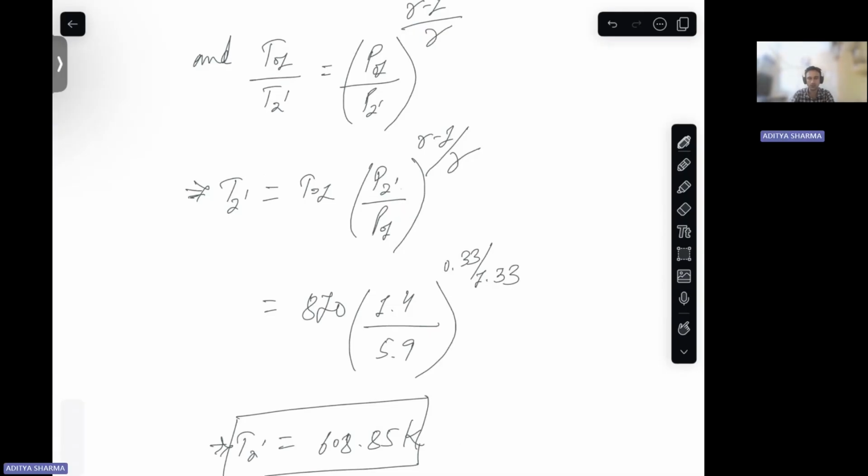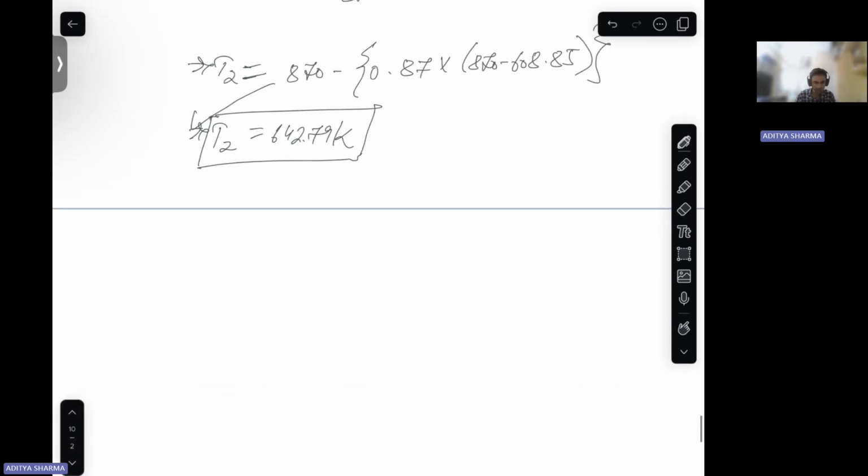Then is your CA2. We need to find CA2, right? For CA2, you will find C2, the absolute velocity, and from there we can get the axial velocity.